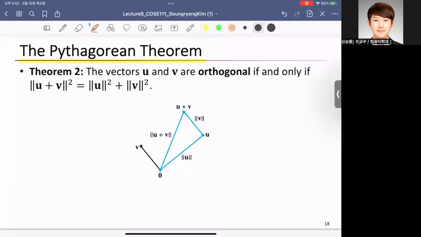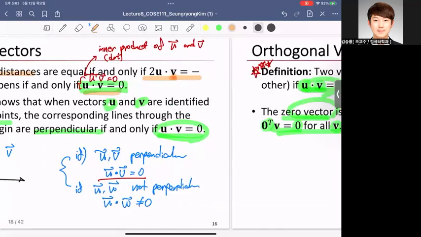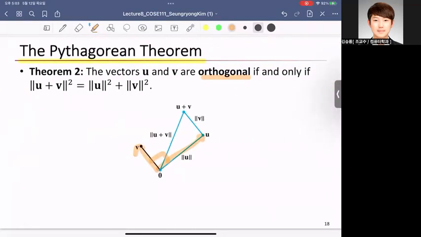This is theorem 2. The vectors U and V are orthogonal if and only if the squared length of U plus V is equal to the squared length of U plus the squared length of V.